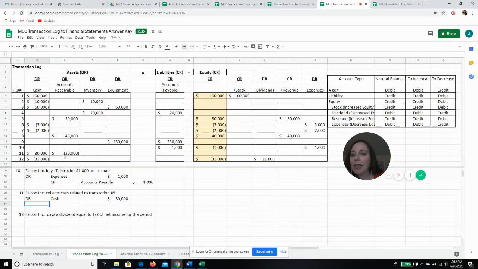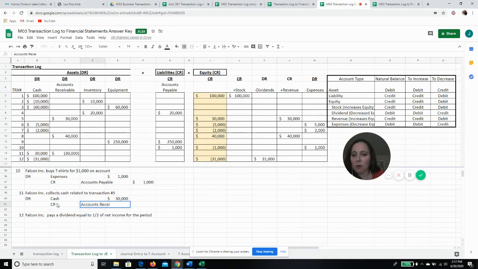All right, and I decreased accounts receivable. Accounts receivable is an asset and I decrease it with a credit. So I'm going to credit accounts receivable. Remember, receivable means we're going to receive it in the future. And I'm missing a 0.